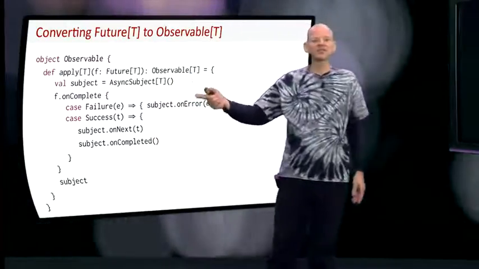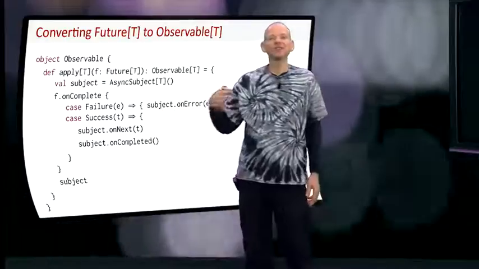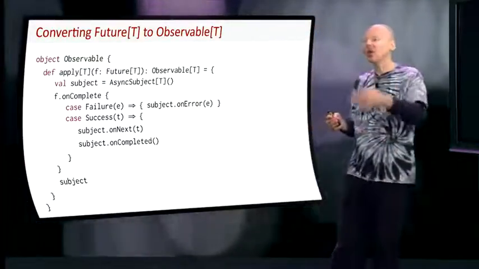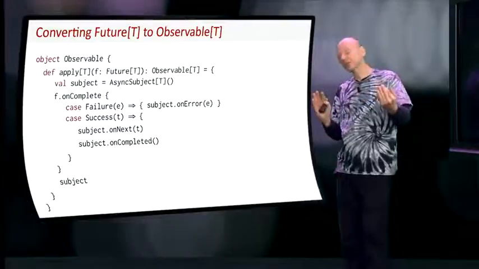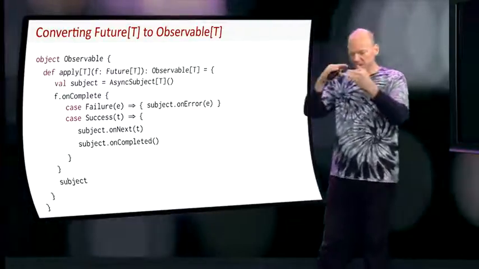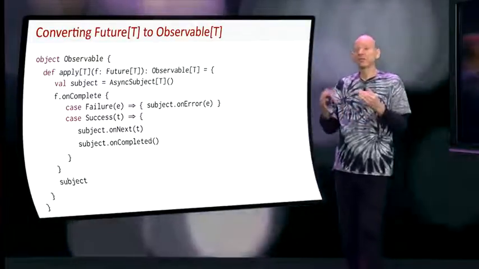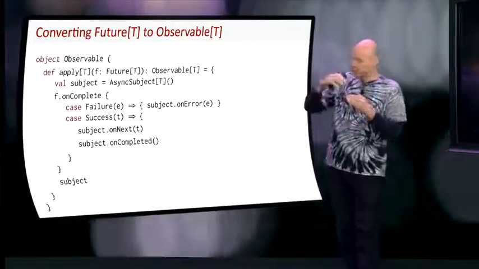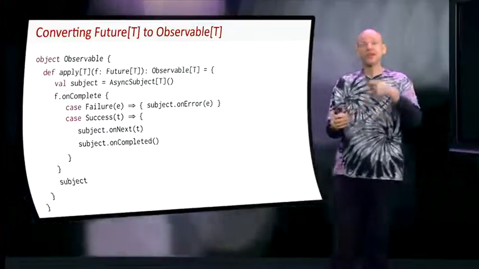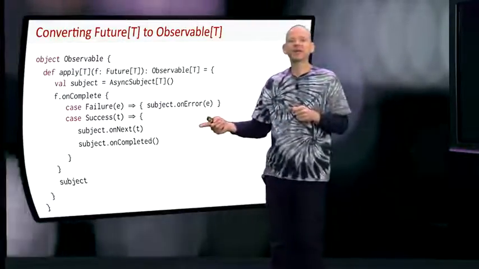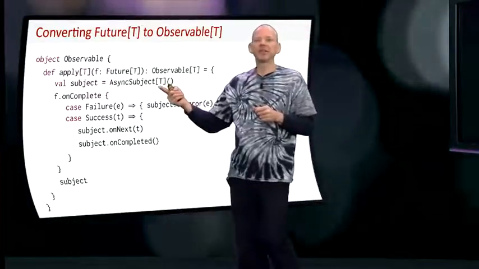Now, what this gives us is the behavior that we want from a future, that it only executes once. When you pass a callback, the complete callback, the incomplete callback to a future, even if you pass it multiple times, the underlying computation is run only once. And that's the behavior that we get here by using the async subject.